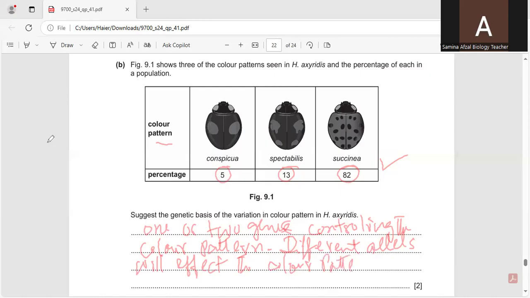Or sometimes the process of epistasis can happen. And what is epistasis? Epistasis is a phenomenon in which the expression of one gene is modified by the expression of one or more other genes. So in this case, the process of epistasis can be observed.